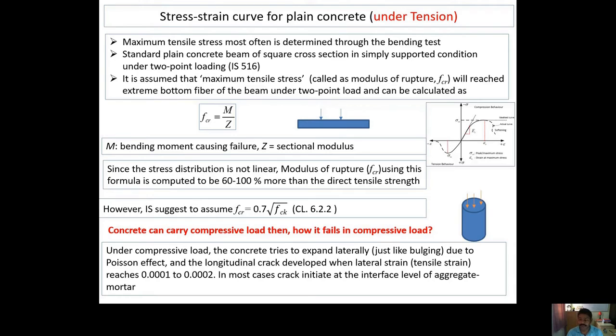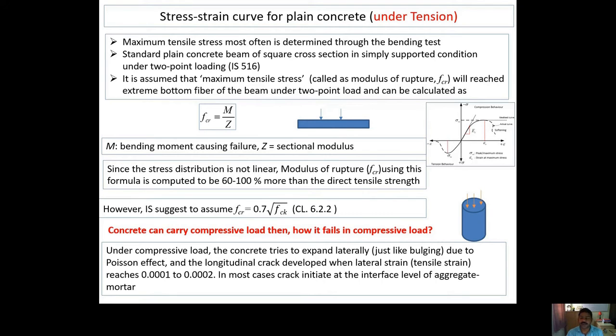So if you conduct one direct tensile test and another 2-point bending test, the results in those 2 cases vary by a high magnitude. Now IS 456 has suggested that from the compressive strength of the concrete, you can assume some value, and that value is 0.7 root fck.